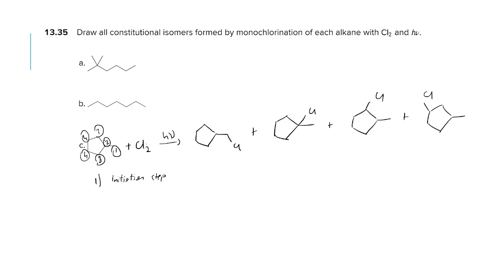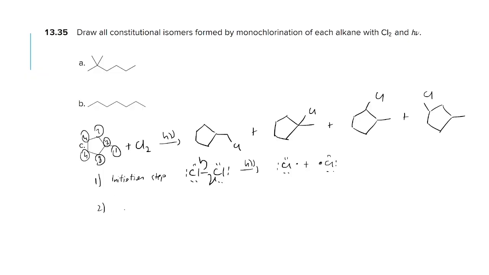The chlorine molecule will dissociate into 2 chlorine radicals in the presence of UV light. So let's draw this reaction mechanism. This is the chlorine molecule, and in the presence of UV light, the sigma bond will break evenly into 2 equal radical fragments. So this is the first step.